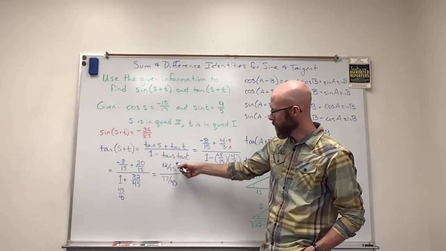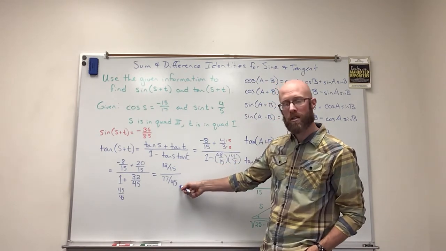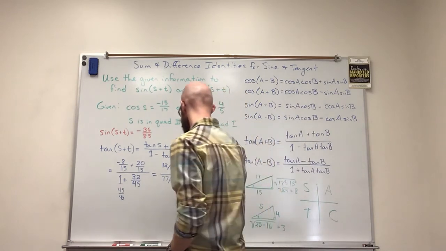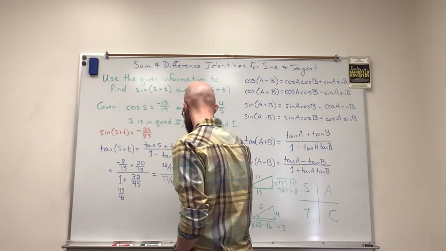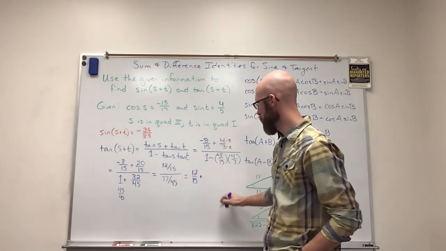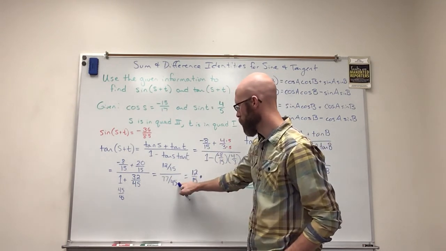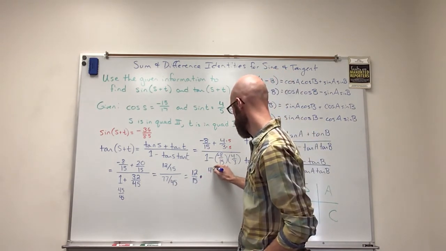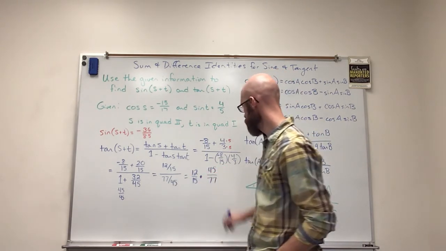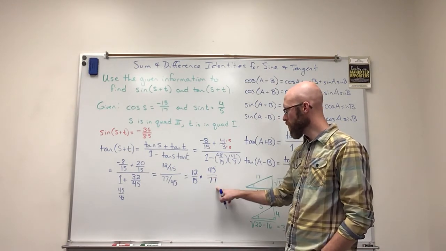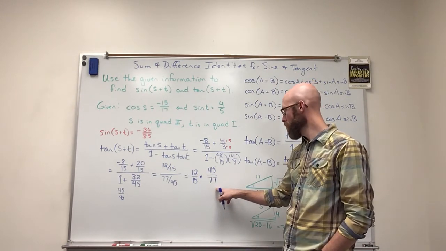Okay? When I have a fraction divided by a fraction, multiply by the reciprocal. Copy, dot, flip. So we do 12 fifteenths, that's the copy, dot, change it to a times, and then flip the bottom, multiply by the reciprocal. So it's 45 over 77. The 12 and the 77 don't reduce.